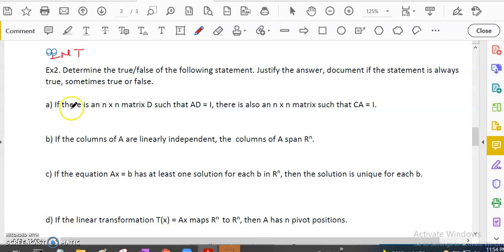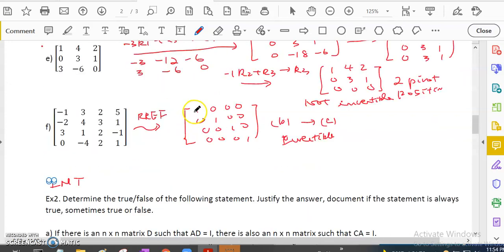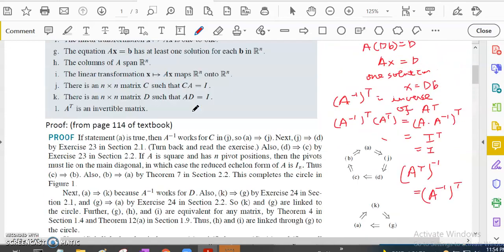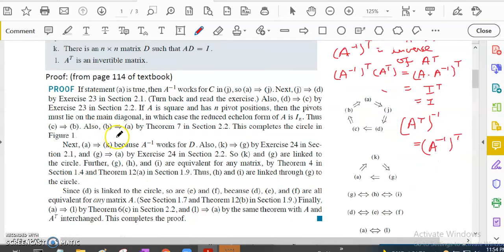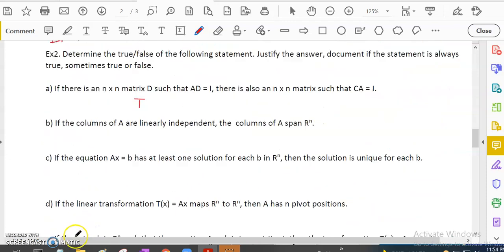Let's say if an n times n matrix D is such that AD is I, that is also a matrix such that CA is I. Of course this is always true, because that is J and K of the IMT. They imply each other, so it is always true.